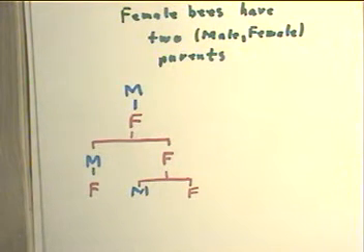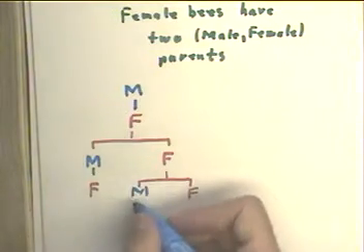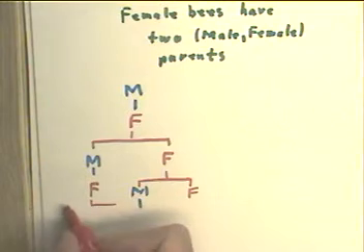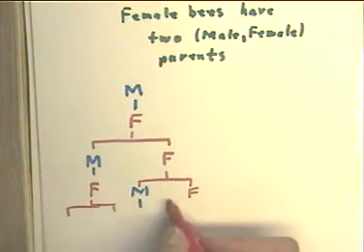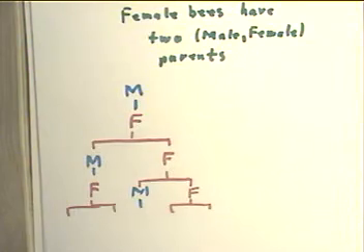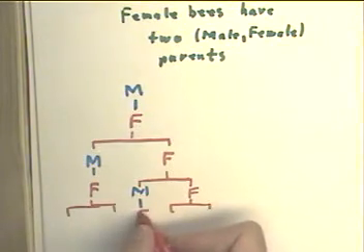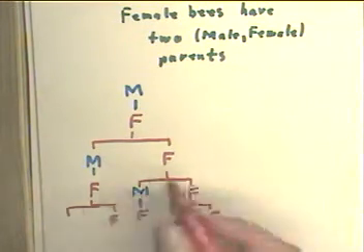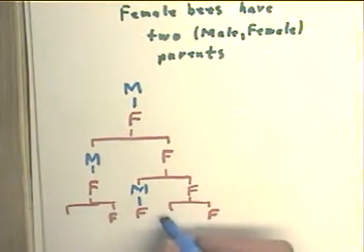Well, the male bee had to come from a female, and each of the female bees had to come from both a male and a female. So if the male bee came from a female, each female came from a female, but also from a male.